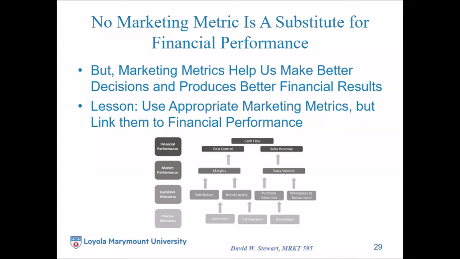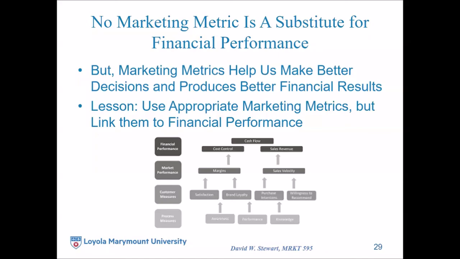And so, it's important to think about how they all fit together. So there are all kinds of process measures that are really important to monitor. Things like awareness, things about our performance, satisfaction, things about knowledge, customer measures, brand loyalty, purchase intention, willingness to recommend. Those then feed into things like market performance measures, like margins.